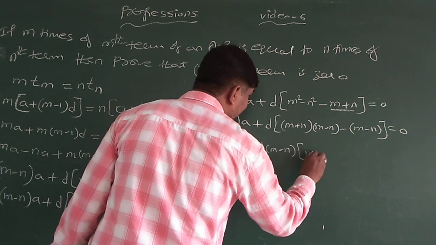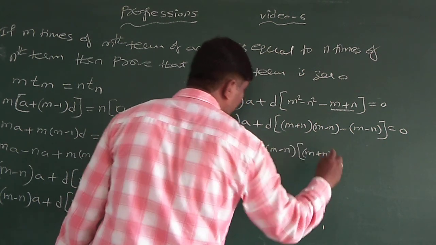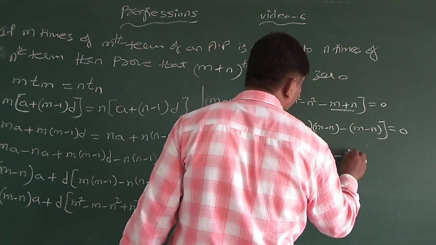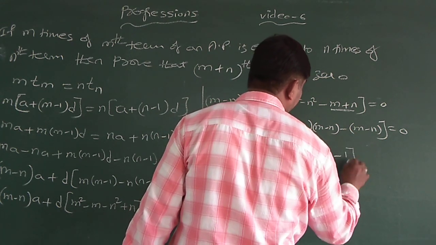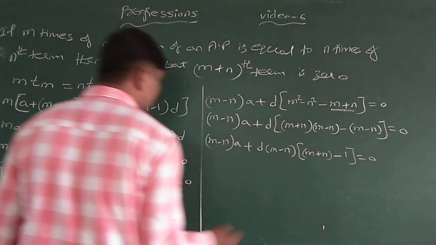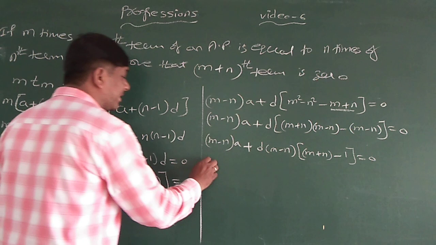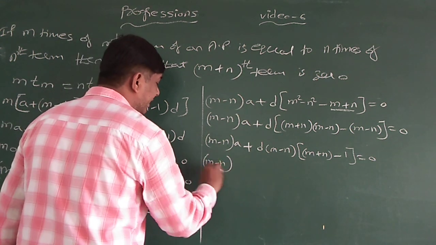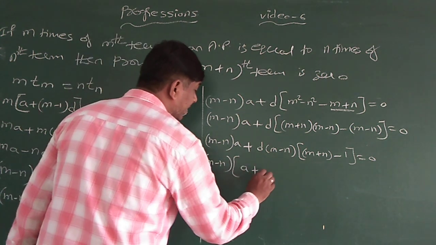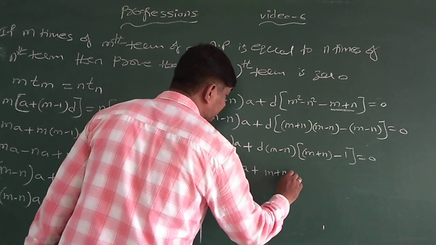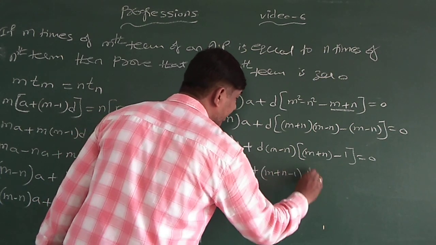Then remaining is m plus n minus, here I took m minus n common, minus 1 is equal to 0. Now this plus m minus n is common again. If I take m minus n common, a plus m plus n minus 1 into d is equal to 0.